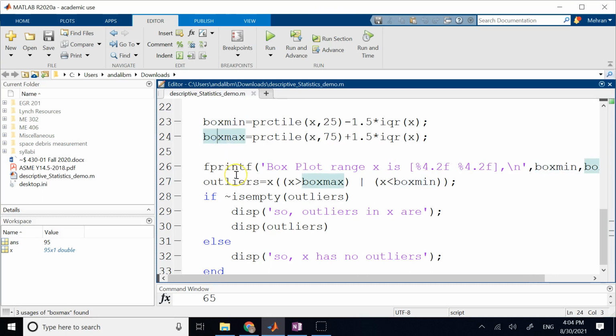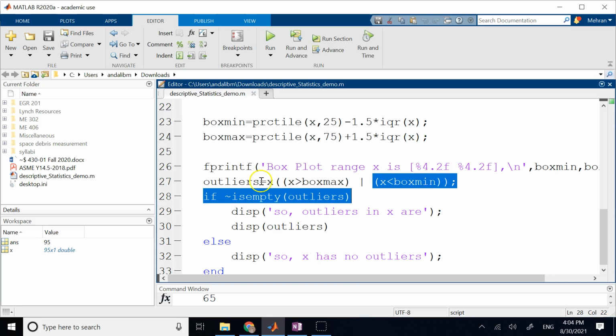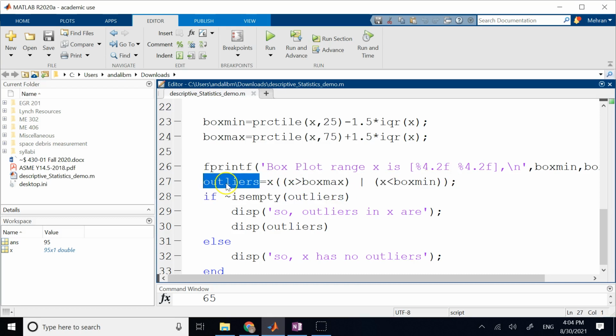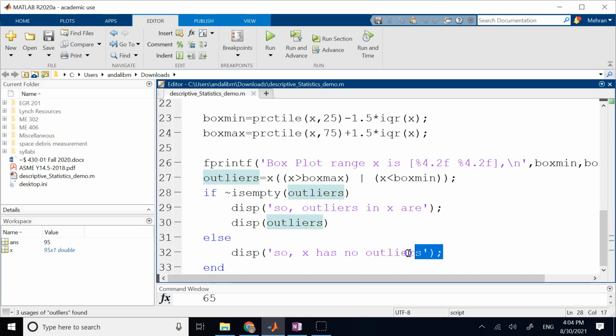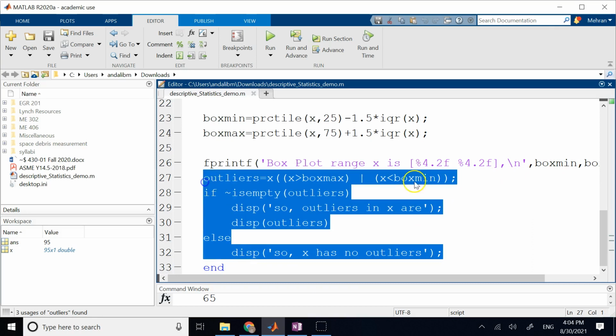And now what I do is look at the values in my vector, in my sample, that are either bigger than the max or less than the min, and call them outliers. If this outlier is not empty, so there are some entries in X that are outside the range, then I'll show them. Otherwise, if it was empty, I say there was no outlier.